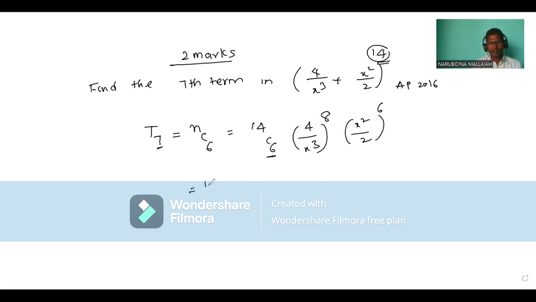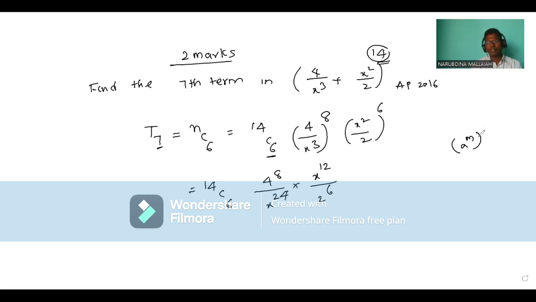Now 14C6, here 4 to the power of 8 by x, 3 8s are 24. You have to multiply these two: 3 8s are 24, into x to the power of 2 6s are 12. Again here 2 to the power of 6. Don't multiply like this. 2 to the power of 6 here.